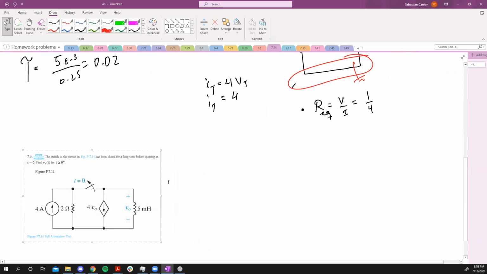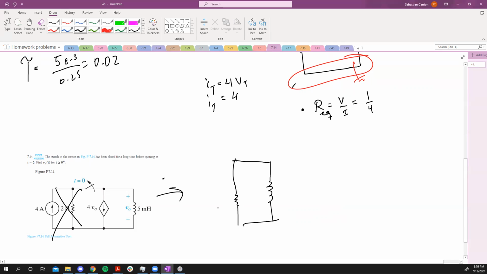Now we can replace that dependent current source with our equivalent resistor, 1 over 4, and we have the inductor here, 5 millihenry.